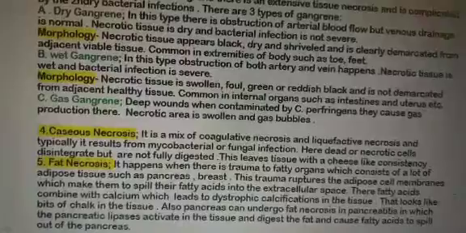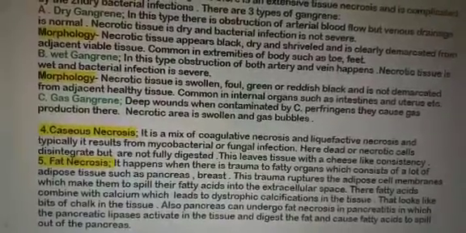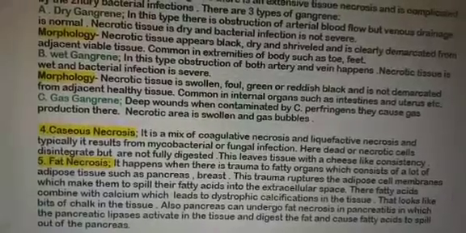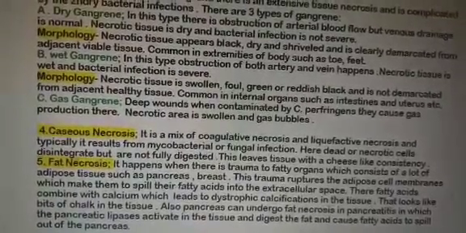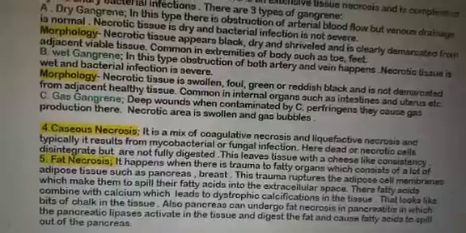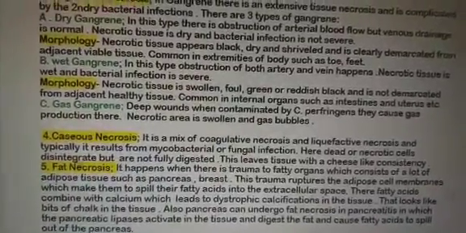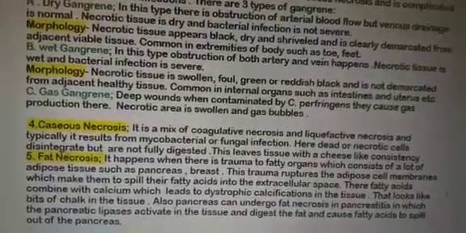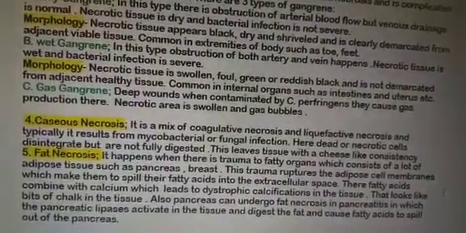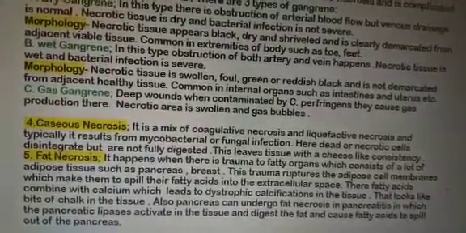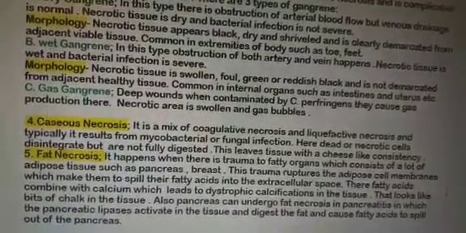Then wet gangrene. In this type, both arteries and veins get obstructed. So the tissue will be wet and there will be very severe infections. This type of gangrene is very common in internal organs like the gut, the GIT, intestines, and uterus.